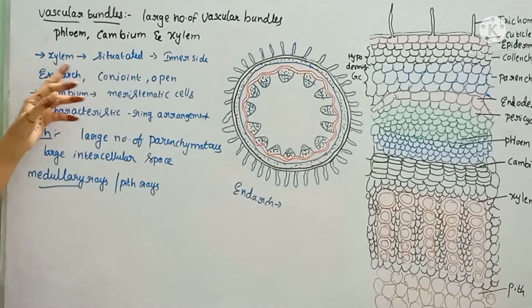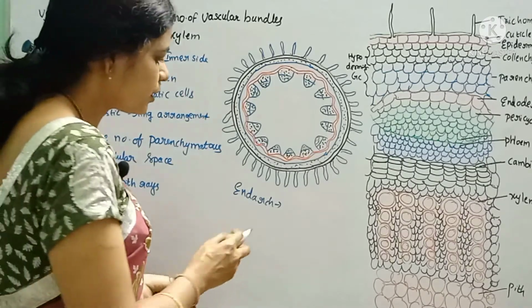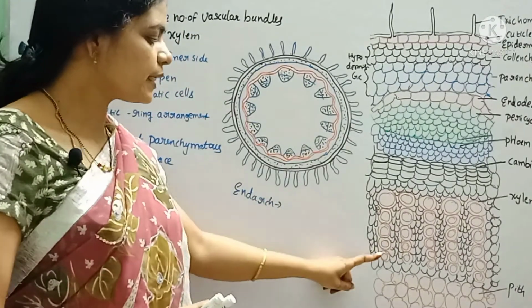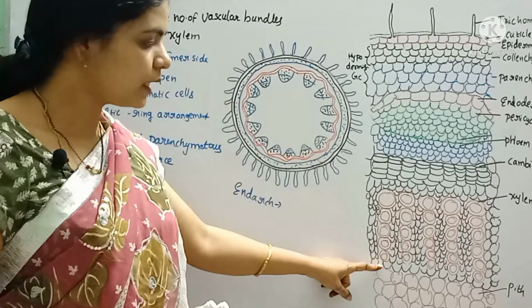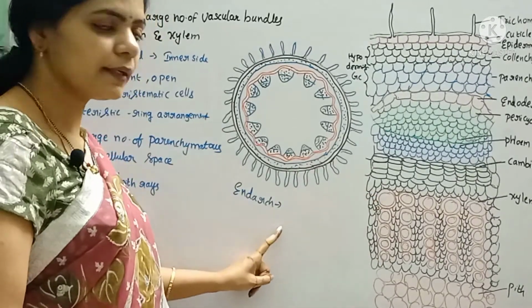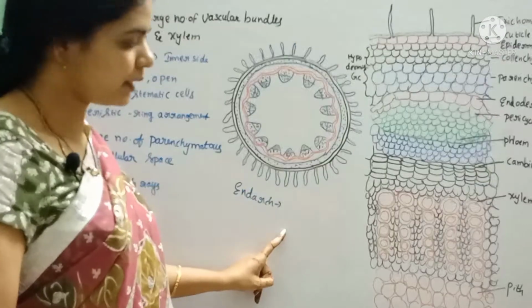And the xylem, which is situated on the inner side, what is its condition? Endarch condition. What is meant by endarch condition? The protoxylem is towards the pith and the metaxylem is towards the periphery. That condition is called endarch condition.